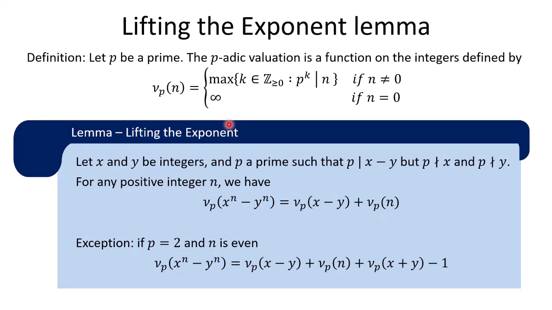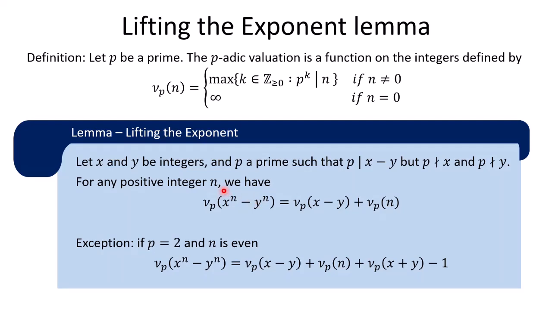Now comes the lemma. Let x and y be integers and let p be a prime such that p divides x minus y, but p divides neither x nor y. The whole point of the lemma is to figure out the highest power of the prime that divides x to the n minus y to the n, where n is a positive integer.